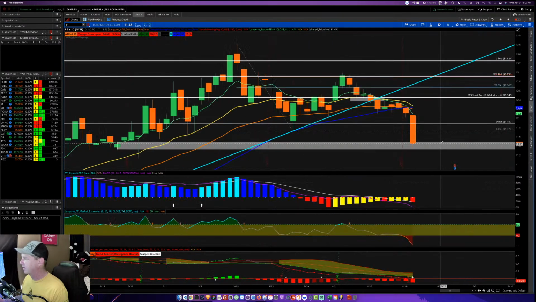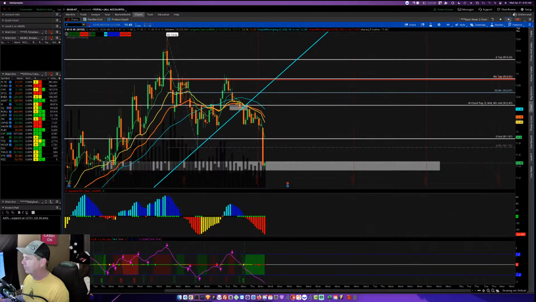As long as we maintain support in this channel, I'd look to potentially wait for our RSI to turn and curl back upwards for us to gain more positive momentum on our squeeze. See how it just came down and popped right in that channel.